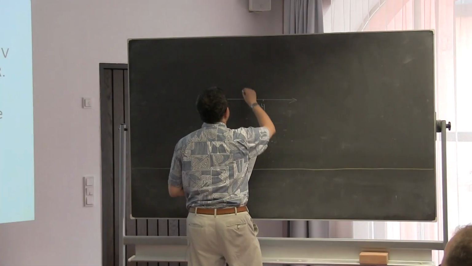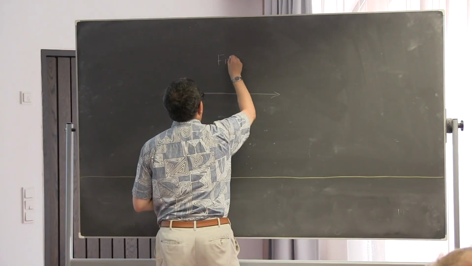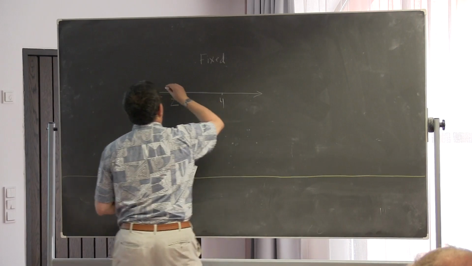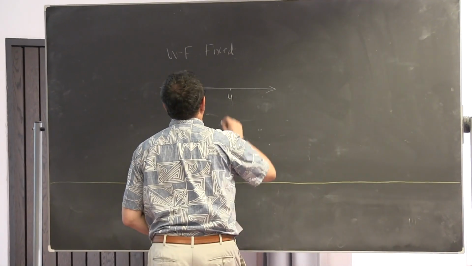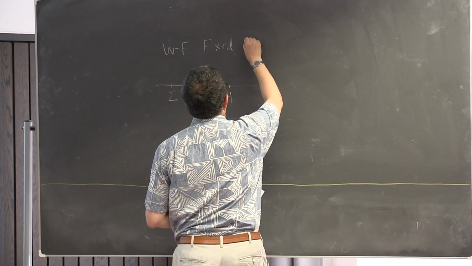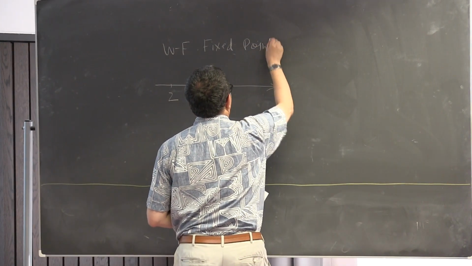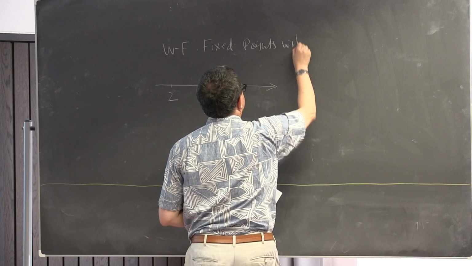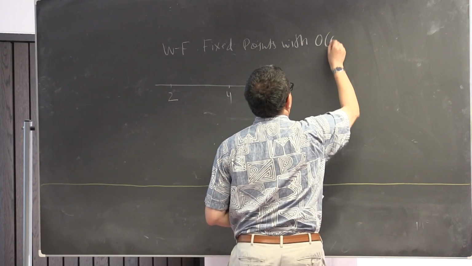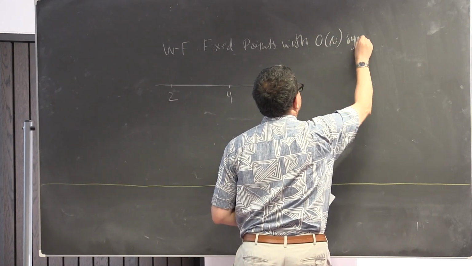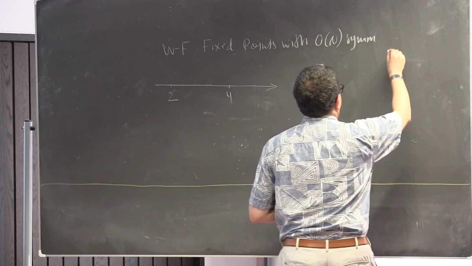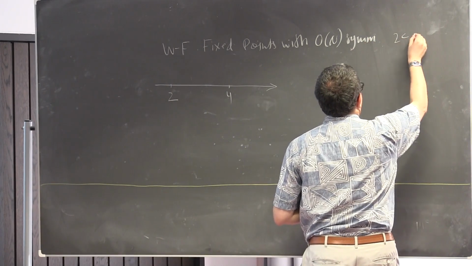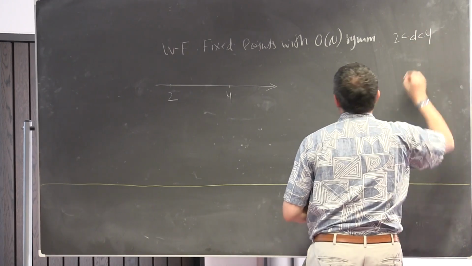So we have basically fixed points, often called Wilson-Fisher fixed points, but I'm not sure it's the right attribution. Fixed points with O(N) symmetry, and they're particularly interesting in this range, D between 2 and 4.